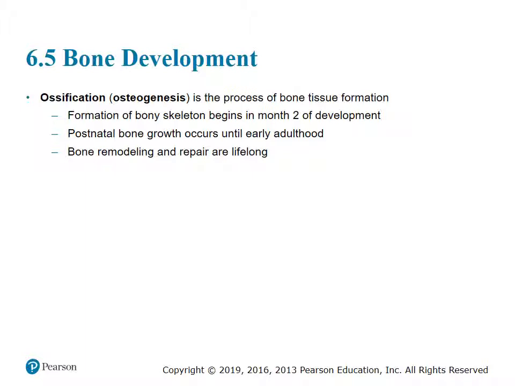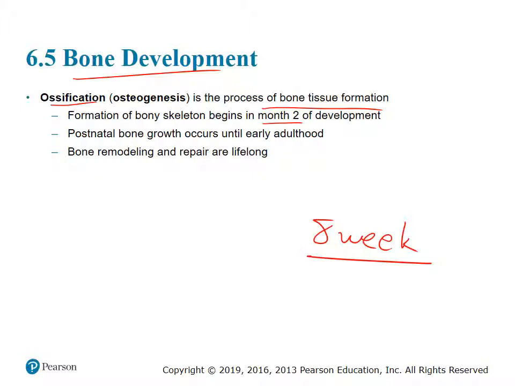When we talk about bone development, it is also known as ossification or osteogenesis. This is really how bone will form, right? We have to go back into fetal development, and we really start at month 2, or the 8-week term of fetal development, where we see the forming of the bony skeleton.